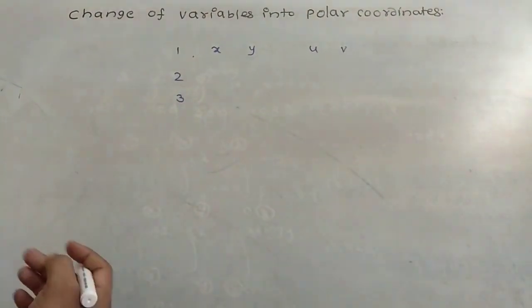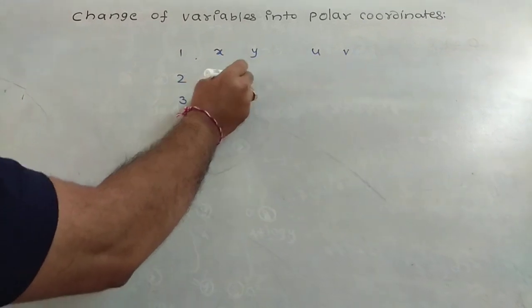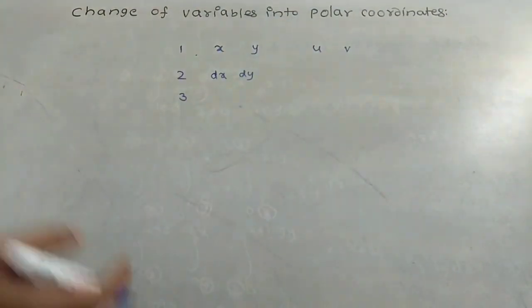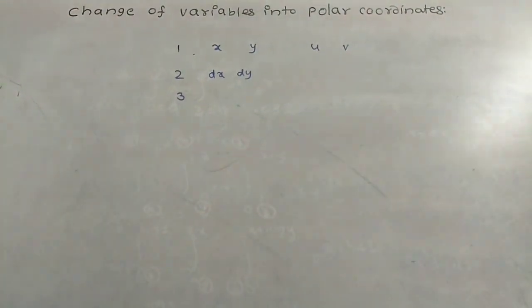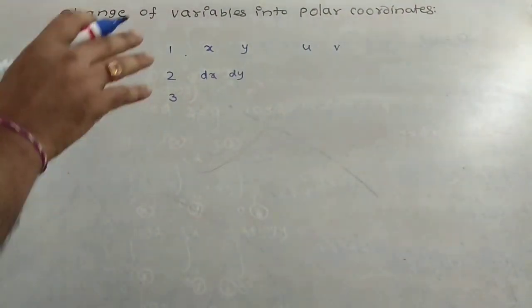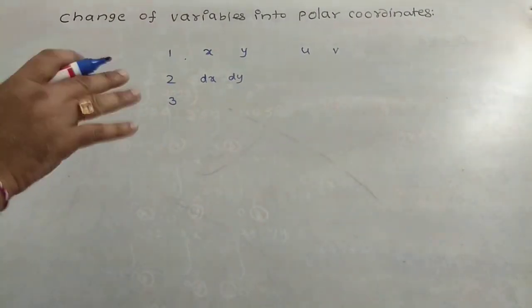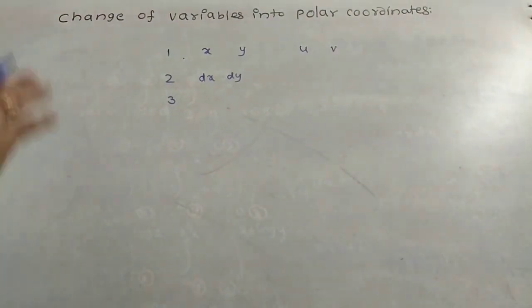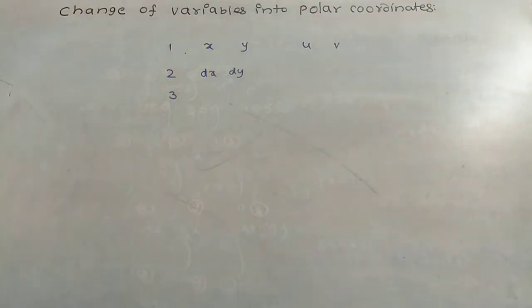And second task is nothing but the same dx and dy values you are writing in terms of du and dv. Third task is you are identifying the new variables' limits. These are the three important tasks in order to find out the change of variables.